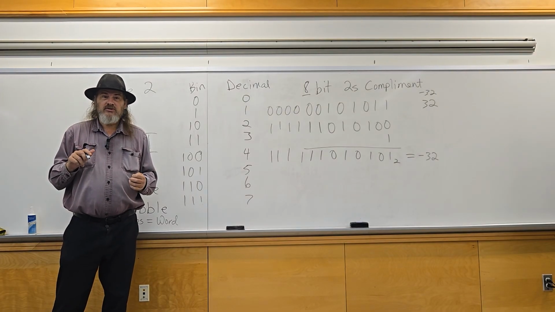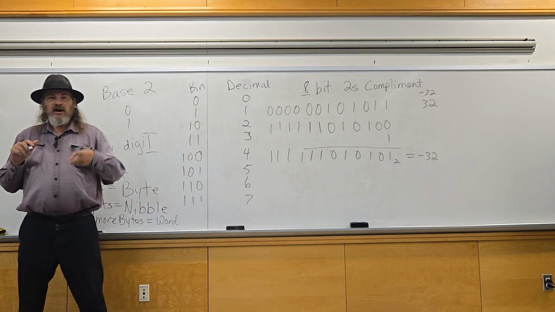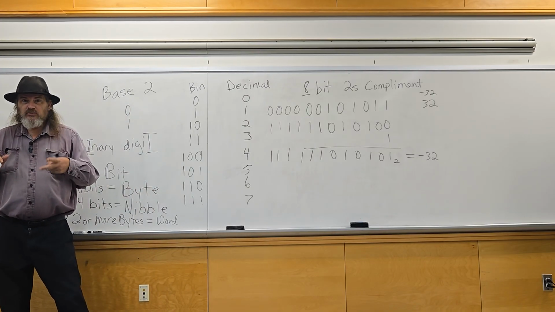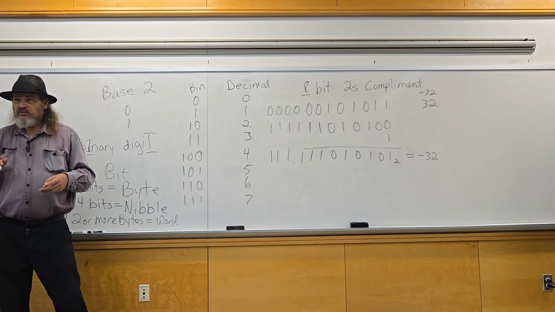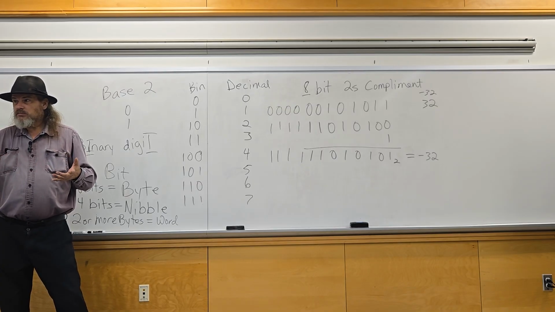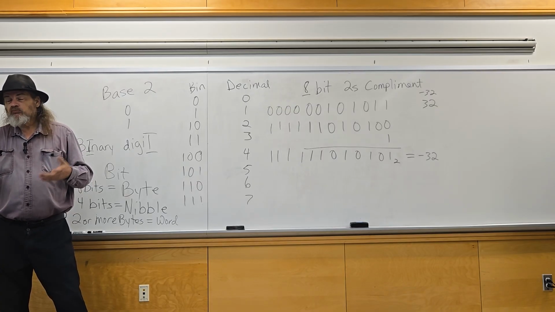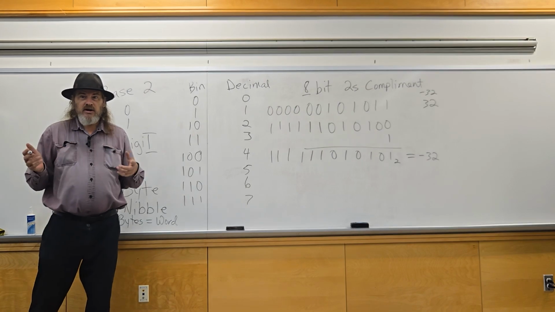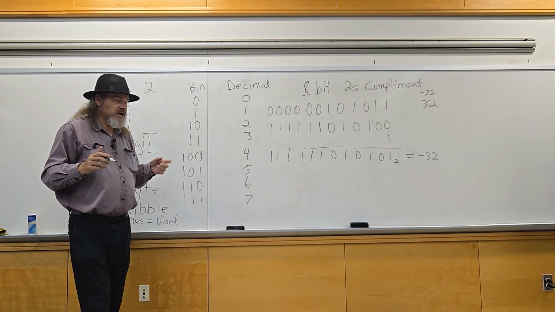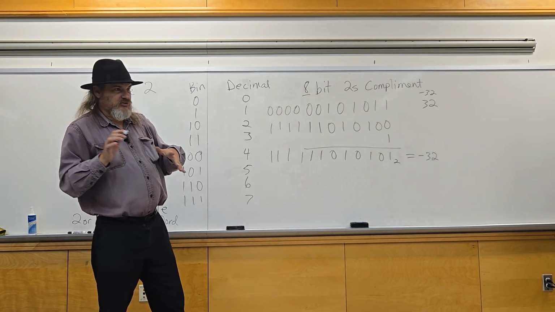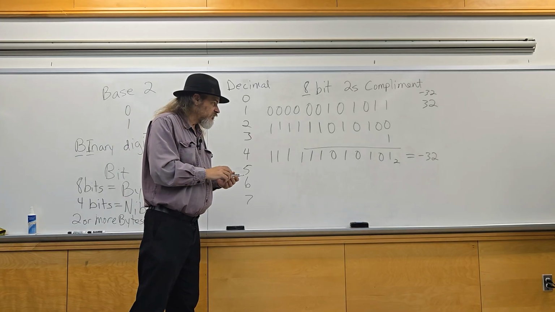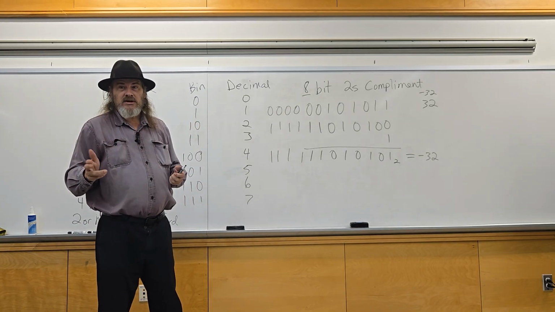Computers can only do addition. Subtraction is adding a negative number. Multiplication is multiple addition, and division is multiple subtraction. So all a computer does is addition. Okay, and when we get into adders and stuff like that later in the course, you'll see how easy that is.